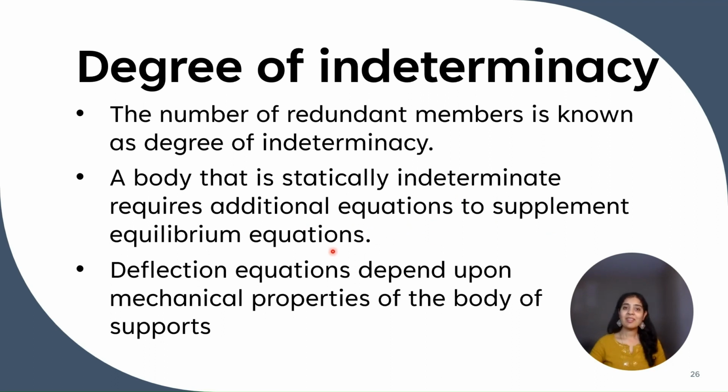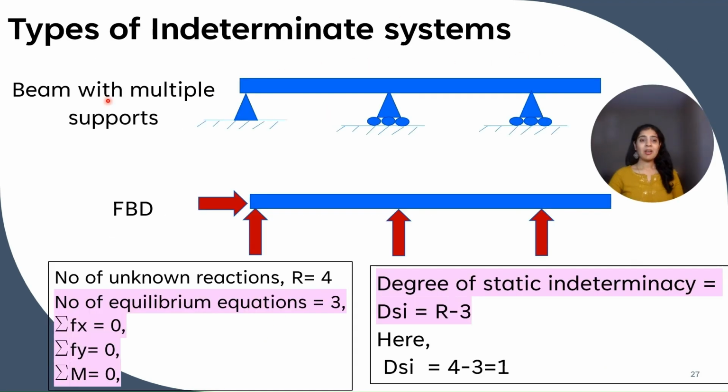And these equations are generally deflection equations that depend upon the mechanical properties of the body or the support. For example, when there is an internal pin connecting two members, we get one extra equation at that pin. So we will see that in examples. So here we will see indeterminate systems.